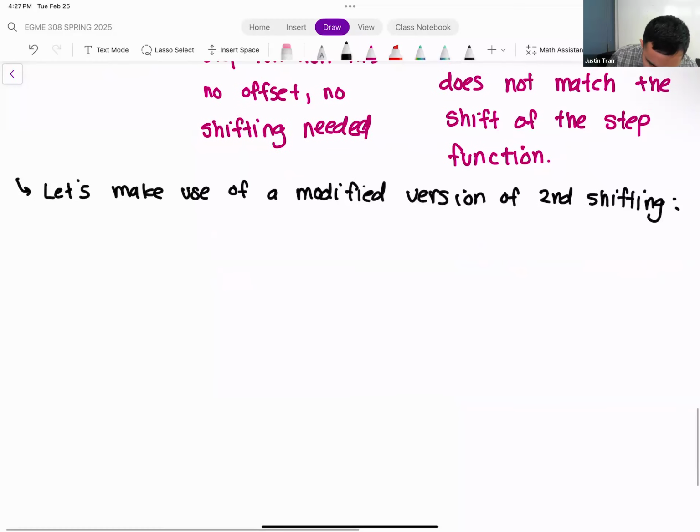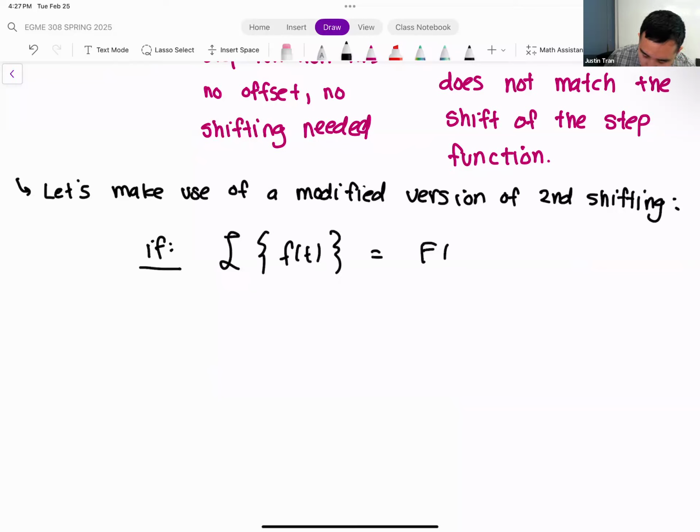So let's say that you want to take the Laplace transform. First of all, you have to assume that you know the Laplace transform of f of t. So if the Laplace transform of f of t is equal to F of s, that's the starting point for all of our shifting theorems. All that basically says is that you have the Laplace table and you can take the Laplace transform, no problem.